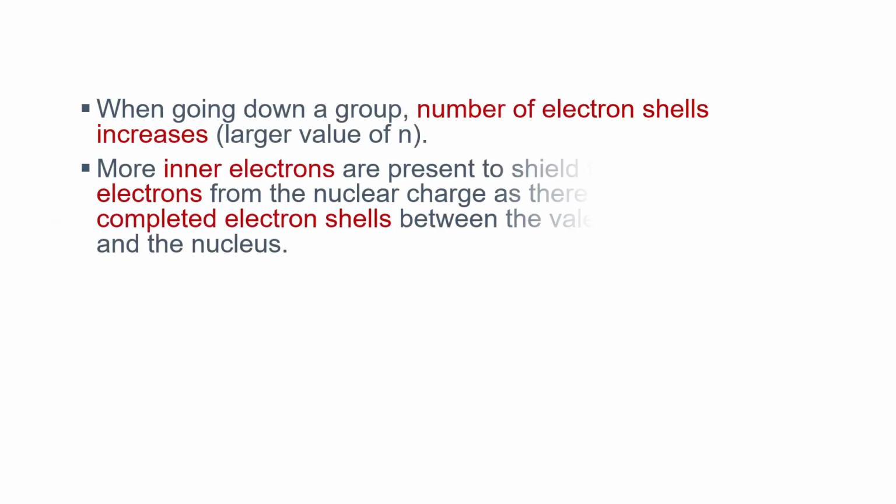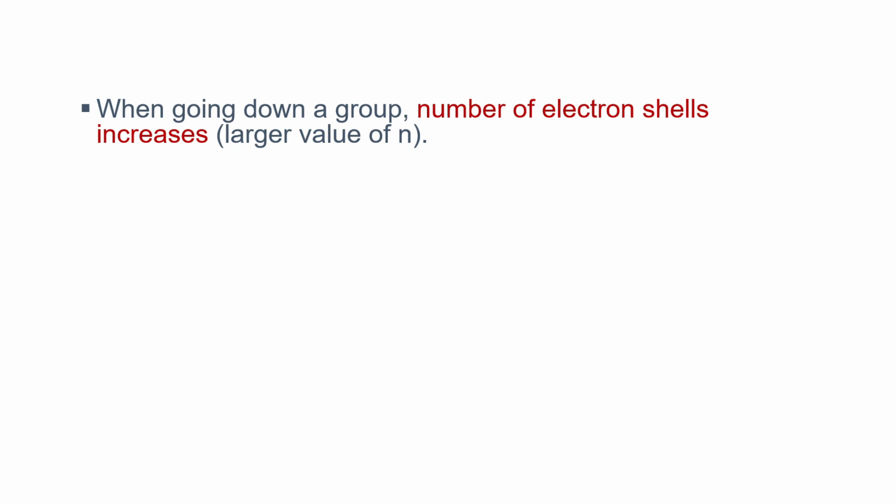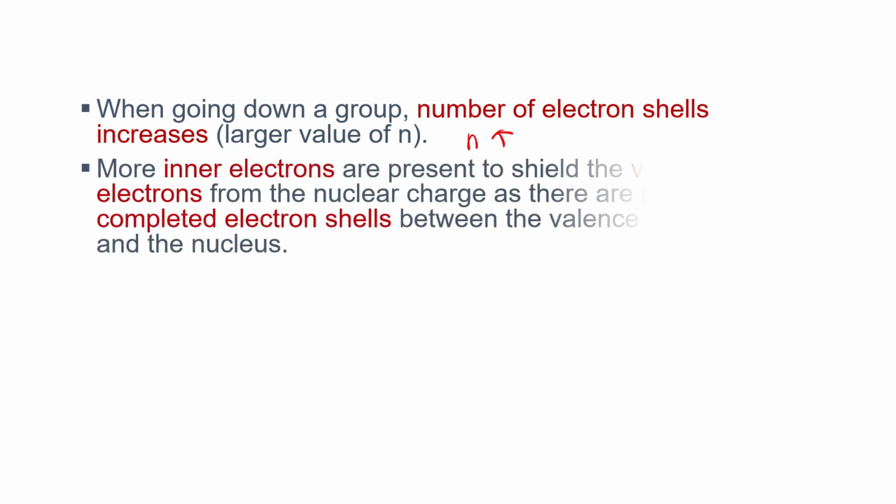Okay, ini explanationnya. So when down a group, number of electron shell increase. Okay, meaning refer to principal quantum number increase. Jadi bila principal quantum number increase, inner electron daripada inner orbital akan shield ataupun menghalang tarikan nukleus kepada valence electron.